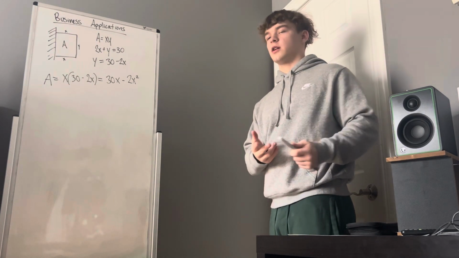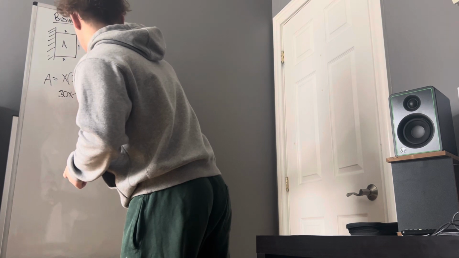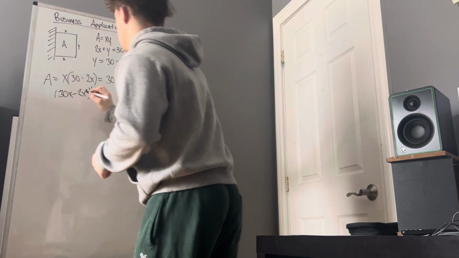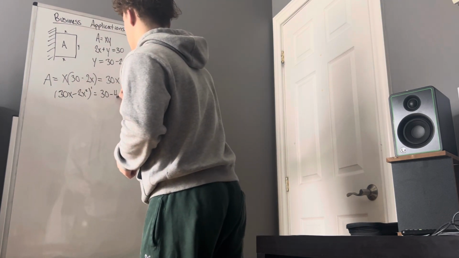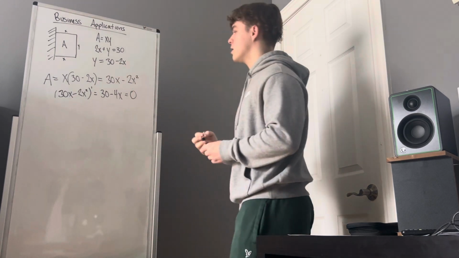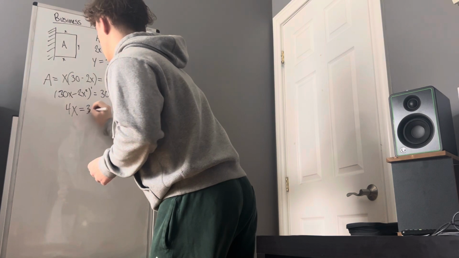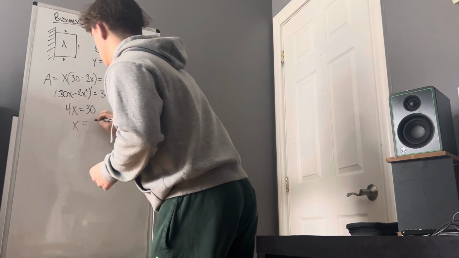How do we do that? We find the prime, as I just talked about. 30x minus 2x squared. Prime is just 30 minus 4x. Let's set that equal to 0 because we want to find the critical point. 4x equals 30. x equals 7.5.